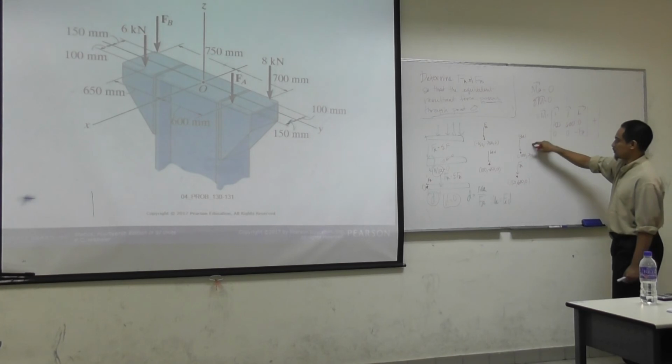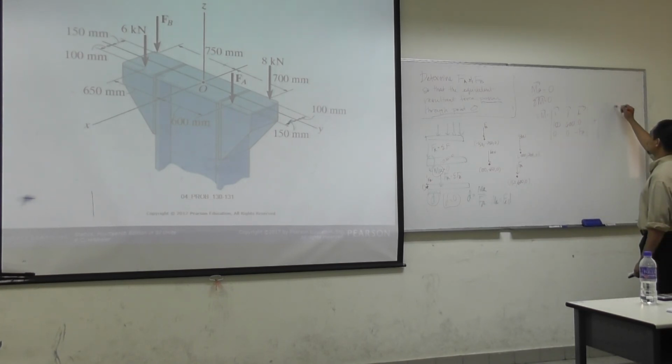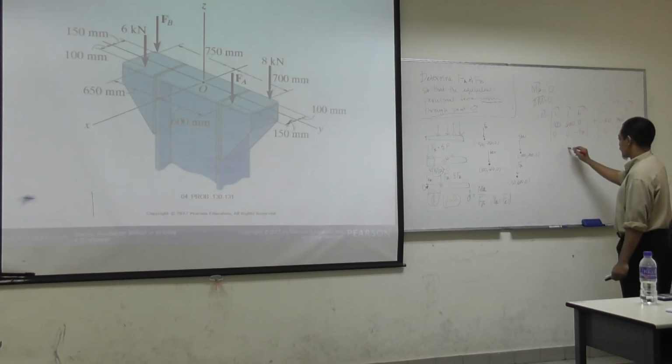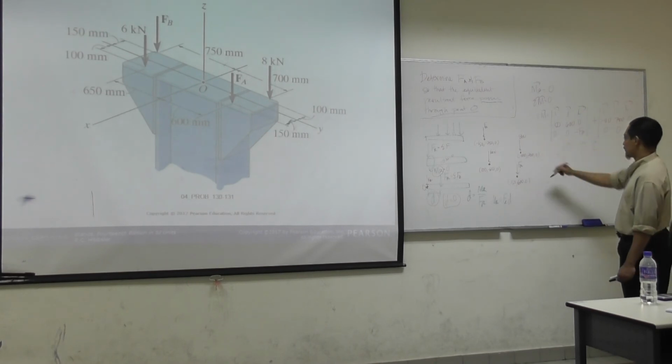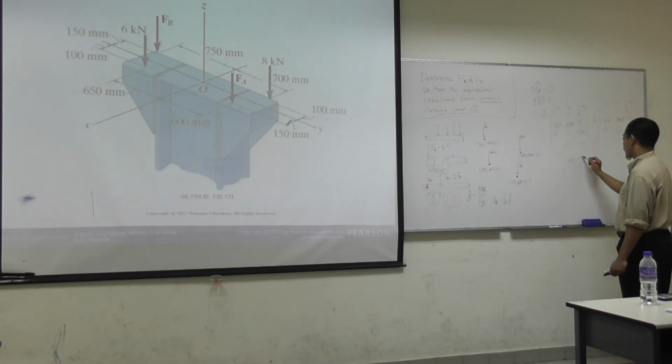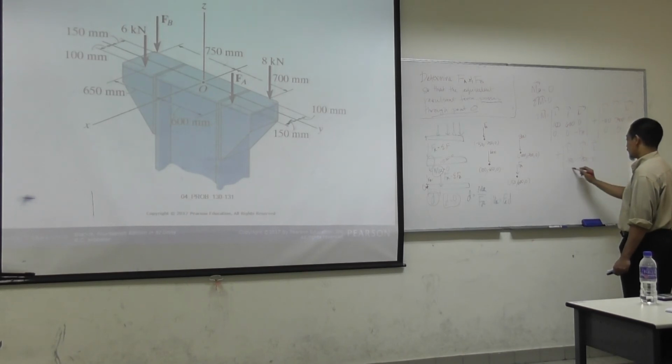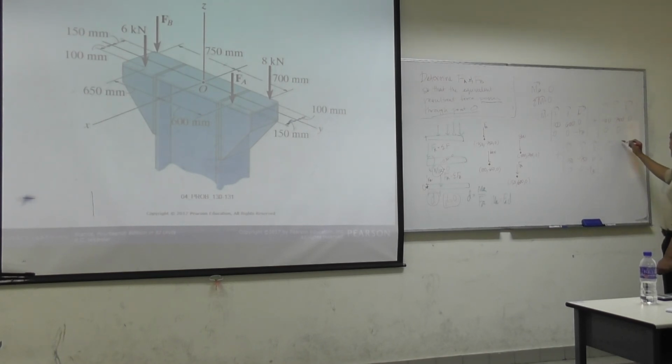Plus, and then this one, K, minus 100, 700, 0, 0, minus 8, plus G, K, if I take that one, minus 150, minus 7, 0, 0, minus F, plus K, 100, minus 650, 0.